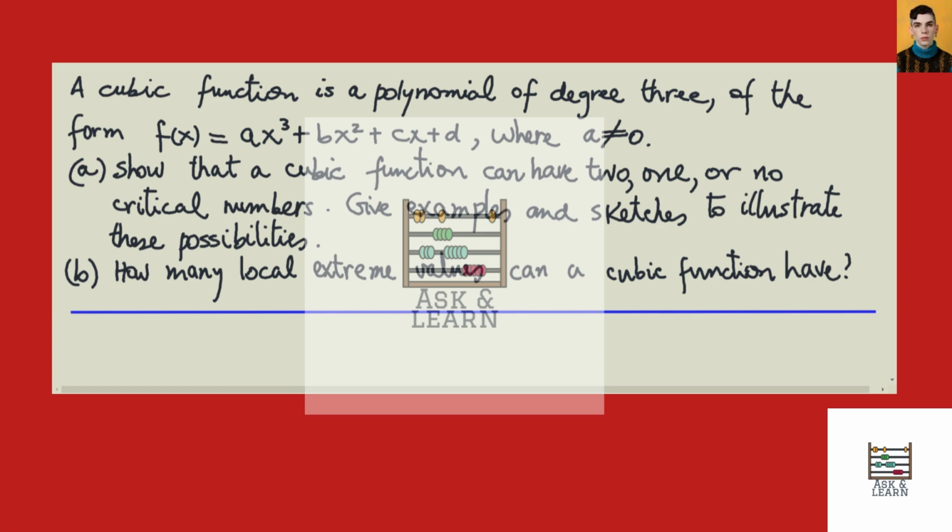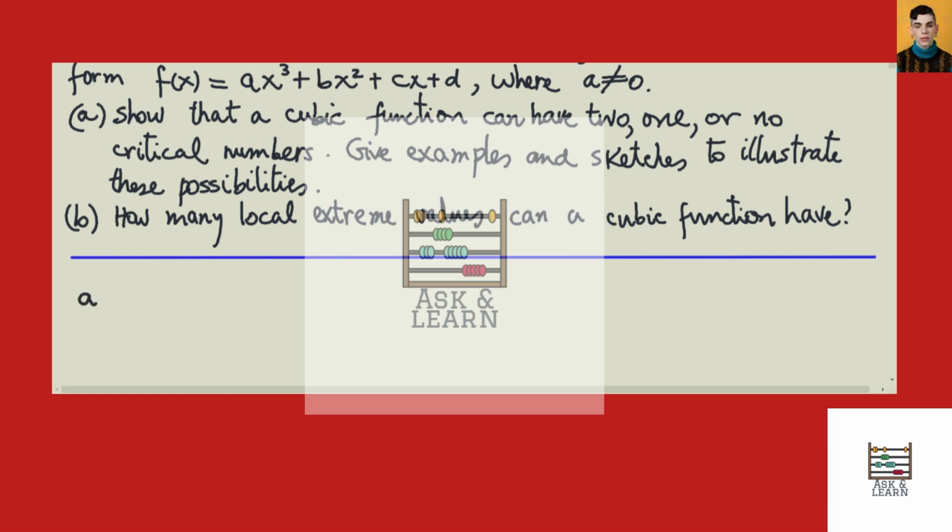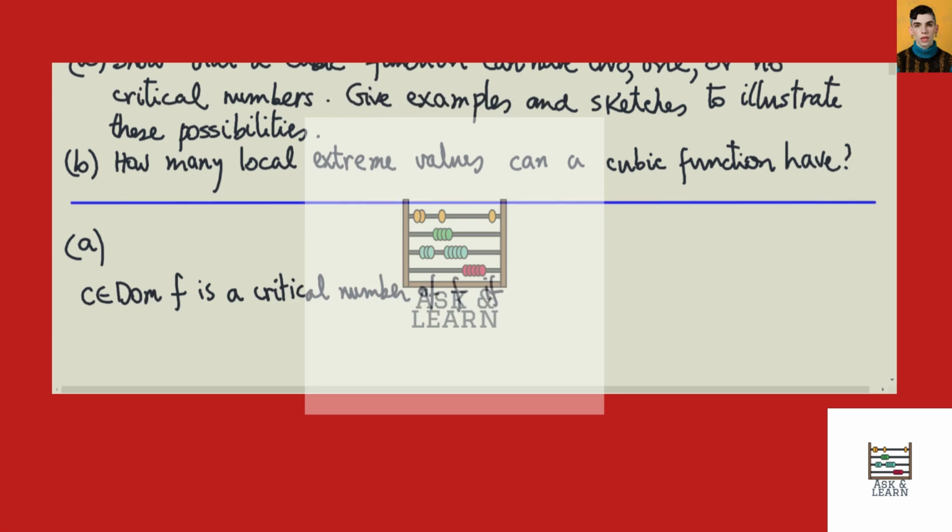So in part A, we're going to start by remembering the definition of critical point. We know that c in the domain of the function is a critical point of f, or a critical number, if the derivative at that point does not exist, or it exists and is equal to 0.